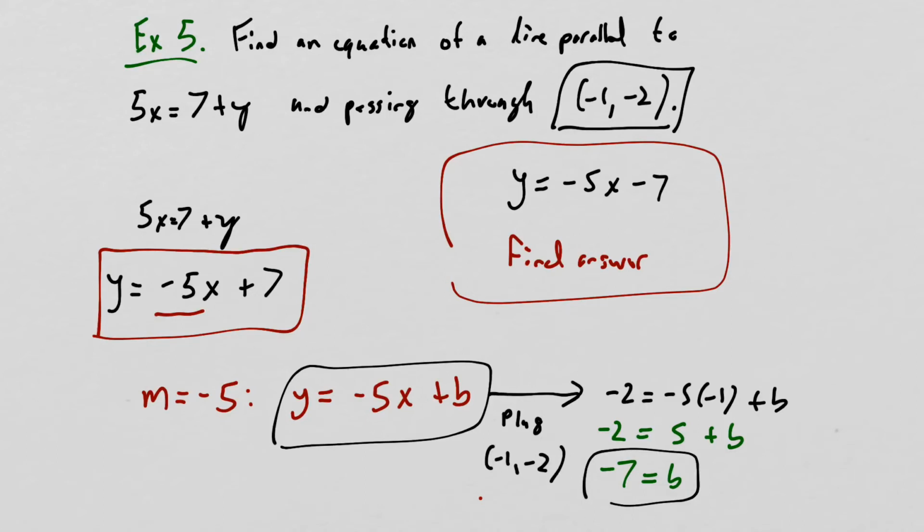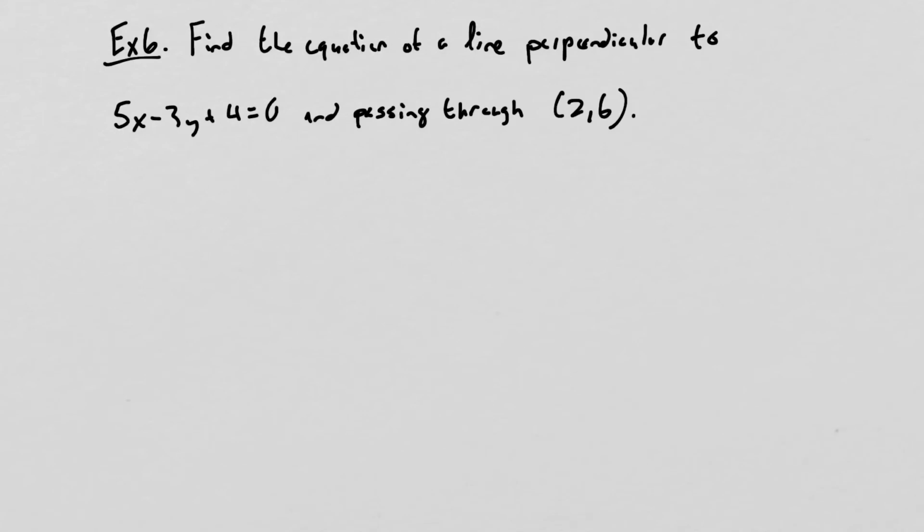Let's look at one more. Let's find the equation of a line that's perpendicular to a given line. Example 6. Again, this is the equation of the line that we're given. Let's solve this equation for y, which is going to give us the equation in slope-intercept form.